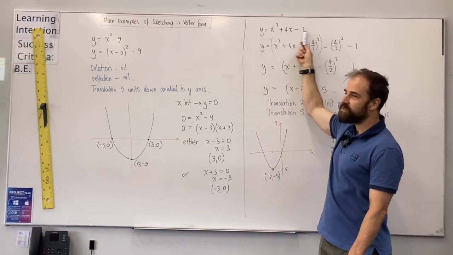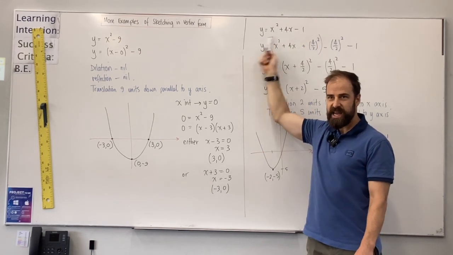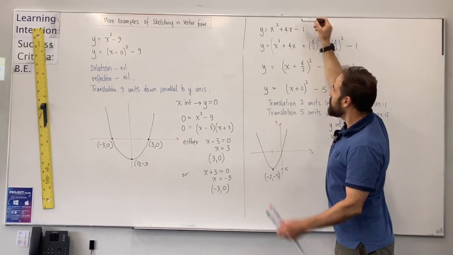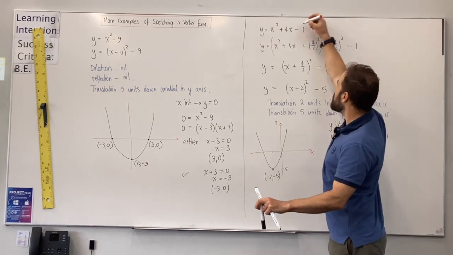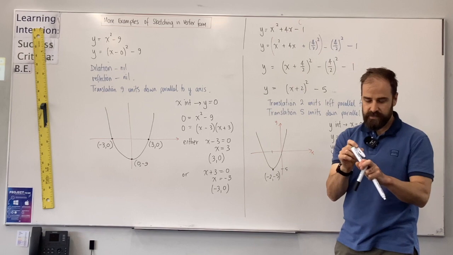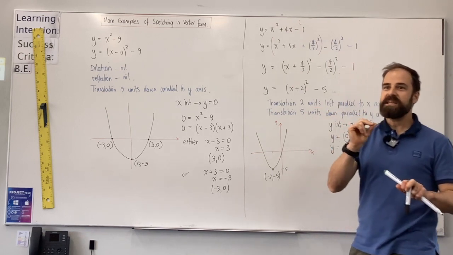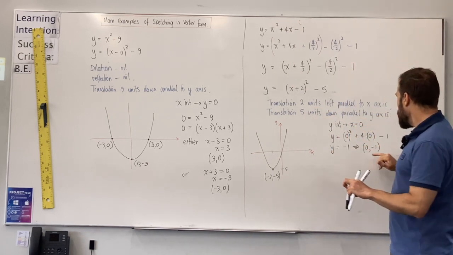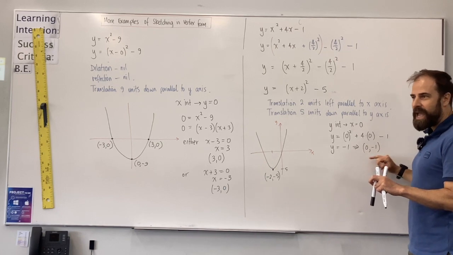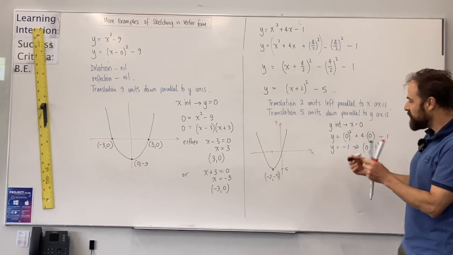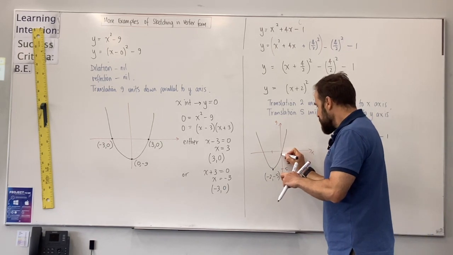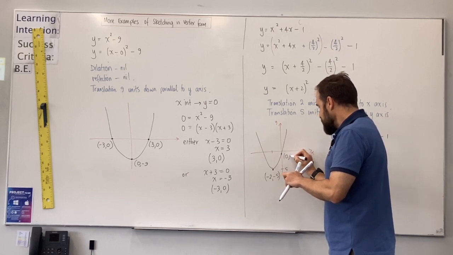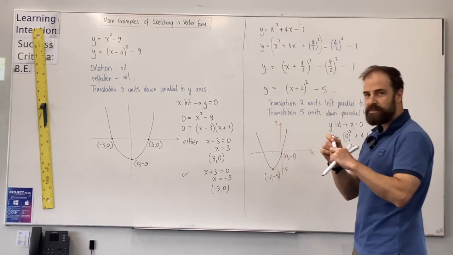This is what we call general form or standard form. This value on the end, when we did quadratic formula, we called this c. That c value, that constant, will always be the y-axis intercept when we're in standard form. So at this point, x is 0, y is -1.